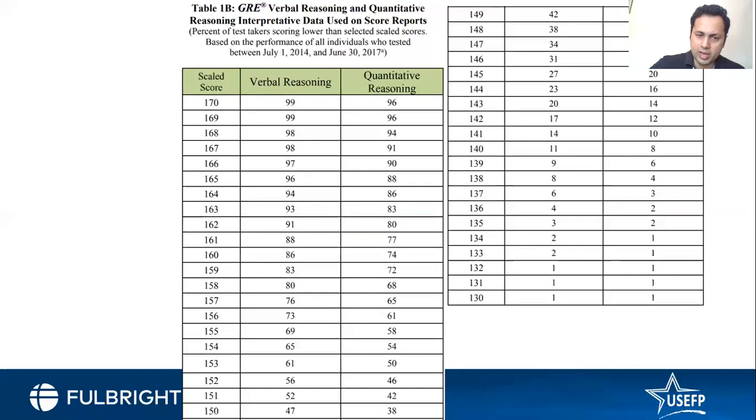The 50 percentile for mathematics is at 153 marks, and for verbal it is at 151 marks. So for quantitative you should at least have 153, and for verbal at least 151, so that you can show that you're better than the average students appearing in the test.